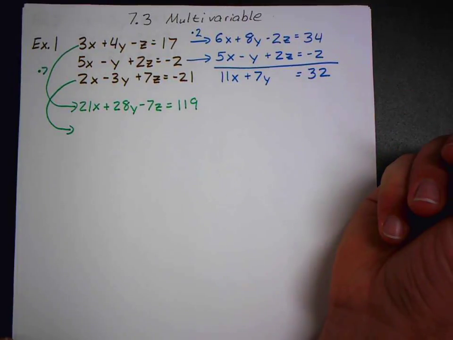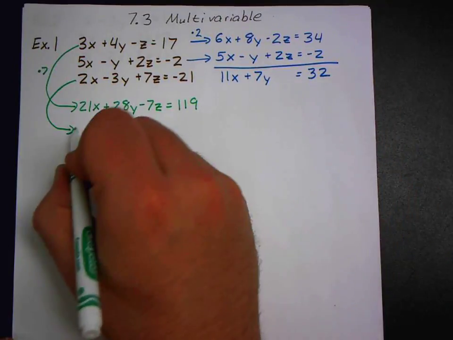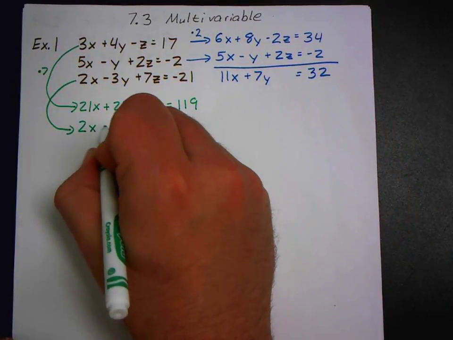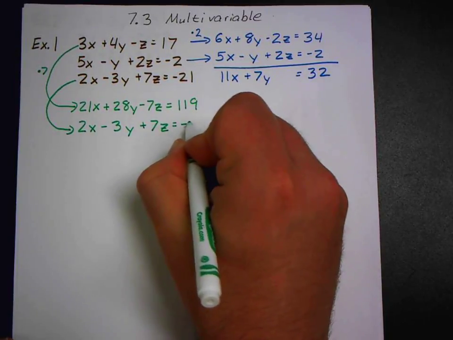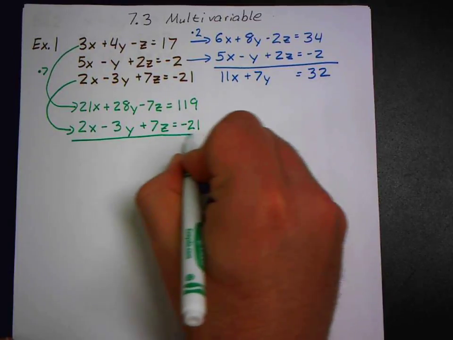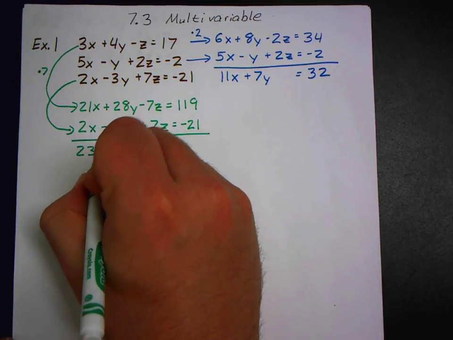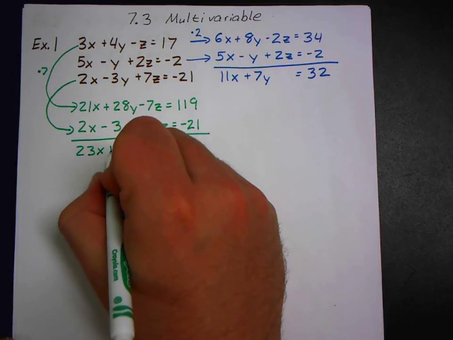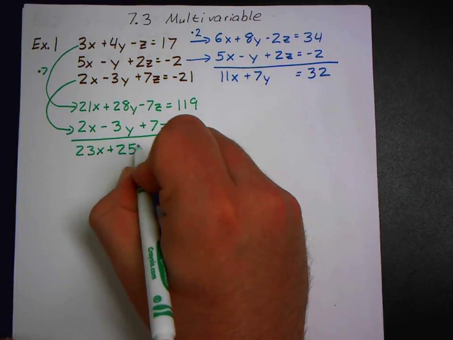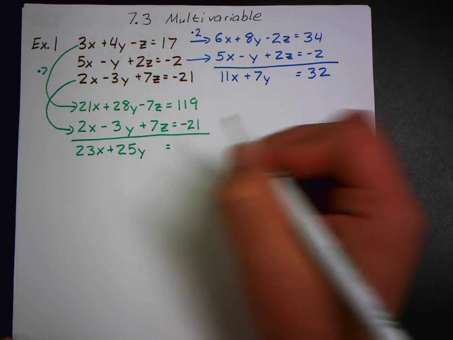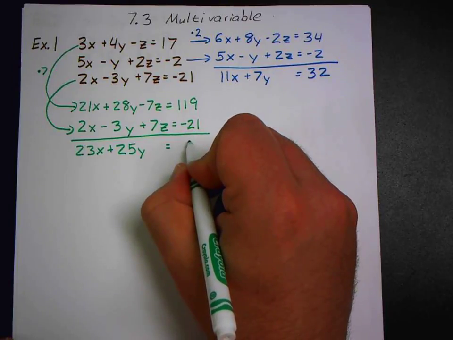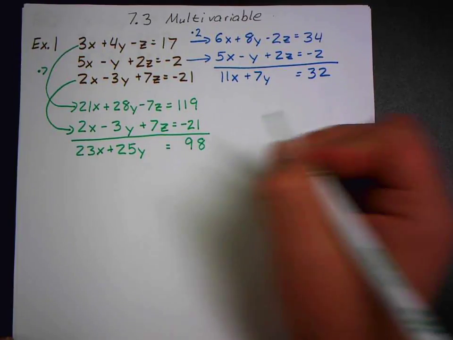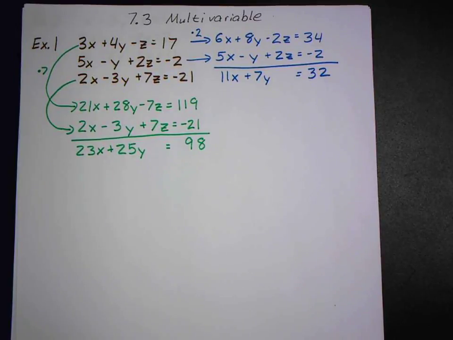I think that's 119. Let's see, 98. Maybe z wasn't the best one to pick.